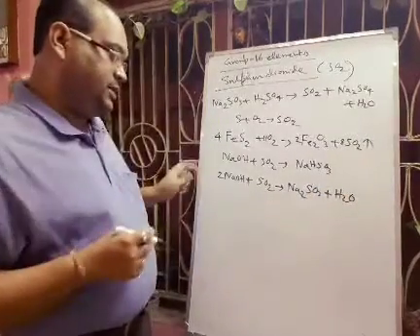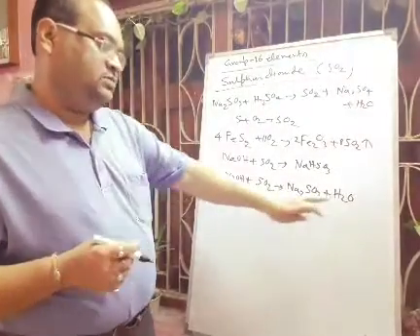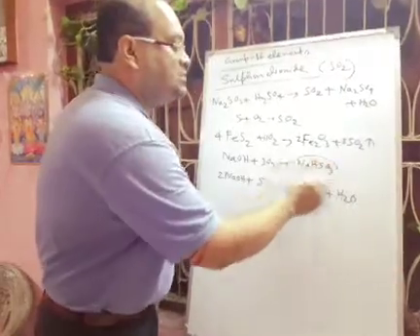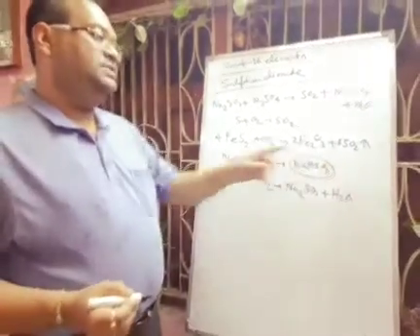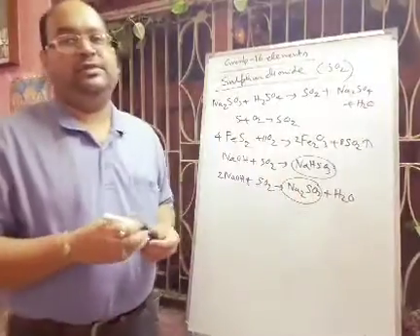Let me check whether it is balanced: 2 oxygen, 4 oxygen; 3 plus 1, 4 oxygen. This is balanced. Now this one is the acid salt, having one replaceable hydrogen, and this is the normal salt, no replaceable hydrogen. Hope you can understand.